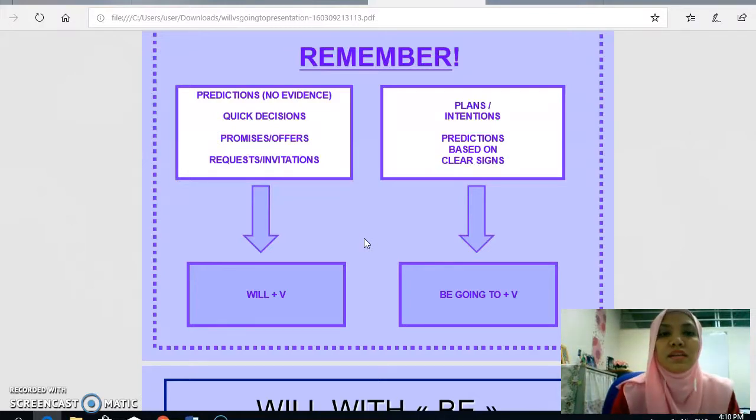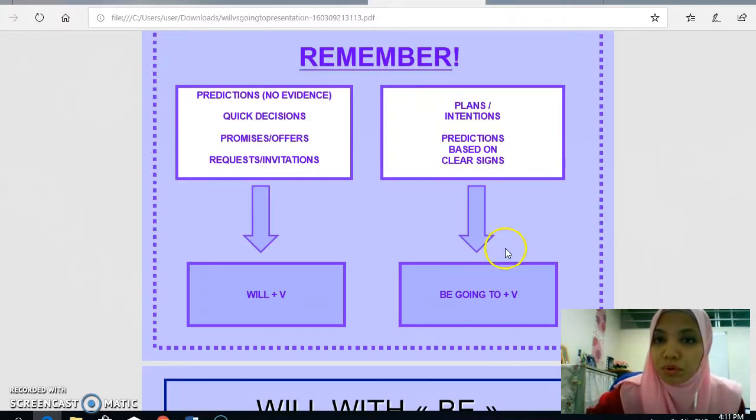The second is when you're making a quick decision, like you want to order something. So you will say, "I'll order a cup of coffee for you," or "I will come with you if you're scared." And thirdly, when you're making promises or offers. And finally, when you're making a request or invitation to someone else.